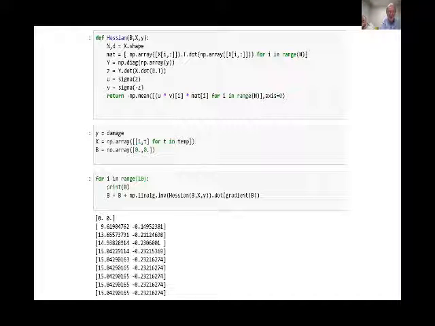So beta, we started with 0, 0, and then we used gradient descent, and we never got to the true minimum of the function. So instead of using gradient descent, let's now try to use the Newton method. This is what we're doing here.